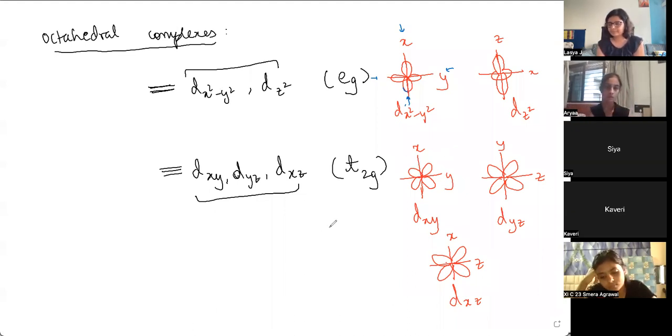The reason Eg has more energy is that the ligands are approaching directly on the axis where these orbitals are located.